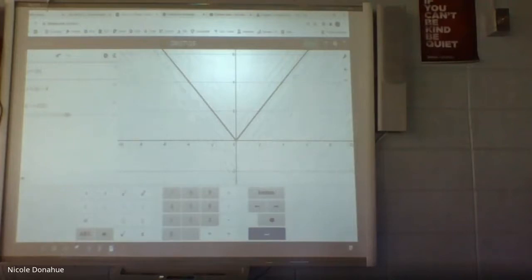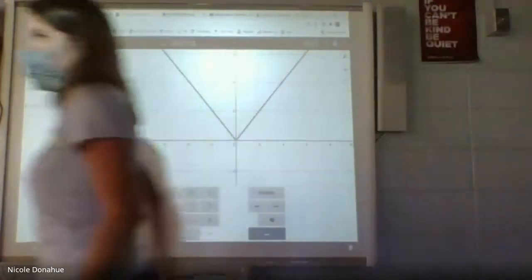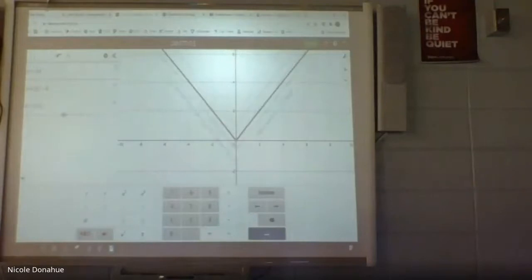All right, so the point is not for us to get hypnotized by a graph moving around, but for us to see what happens if I add a number off the end.